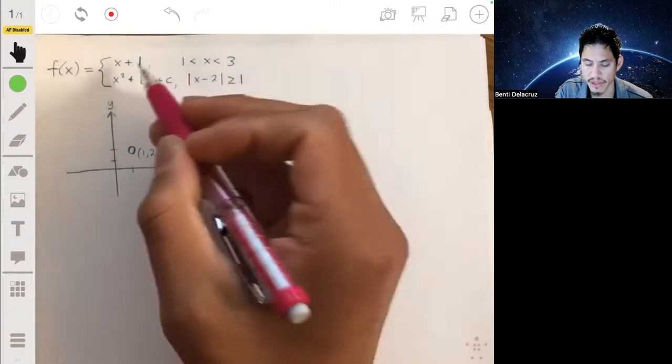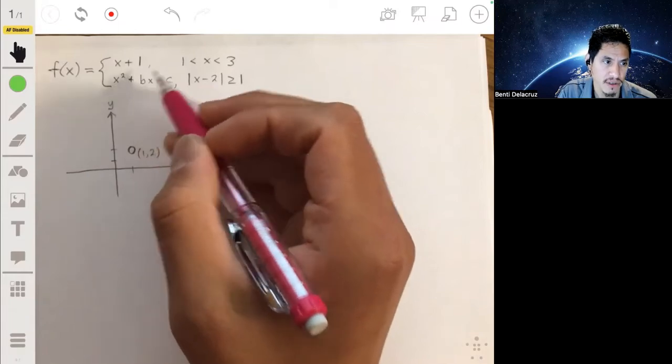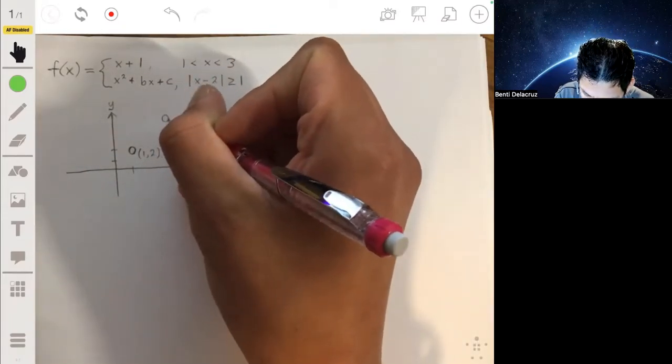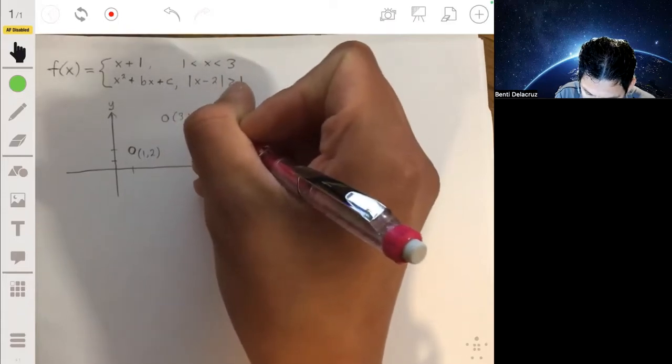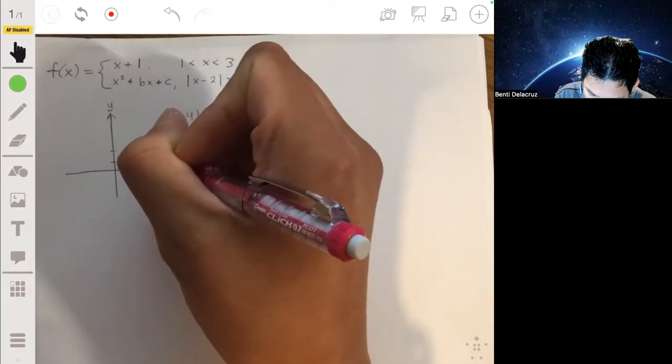If you plug in 3, you would get 4, so you'd have an open circle at (3, 4). Since it's linear, it's going to look like this between there.